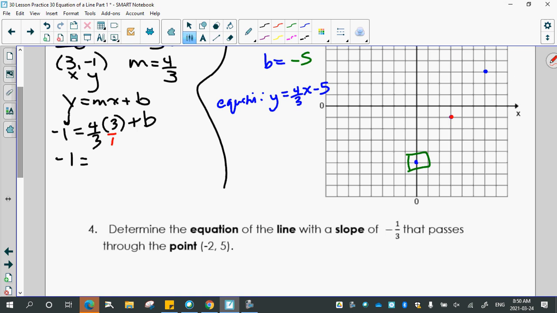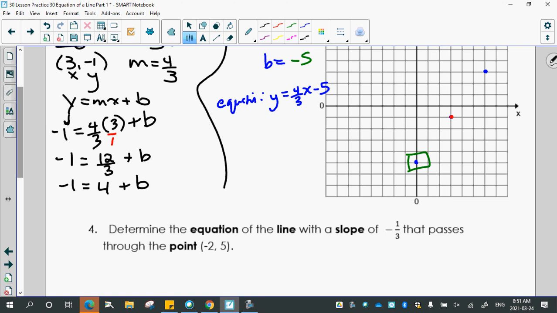Just remember that if you've got an integer, you can make it out of 1. Multiply the tops together, the bottoms together, and then see if it reduces. A lot of times it will, and you'll get an integer rather than a fraction still. So does 12/3 reduce? Yes, 12 divided by 3 is 4.